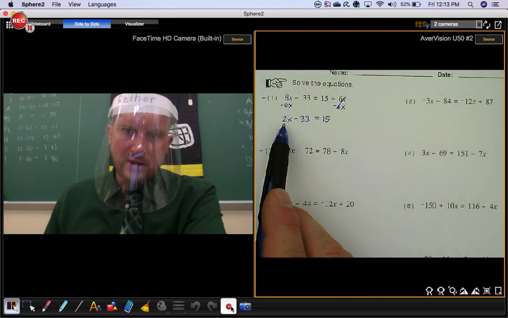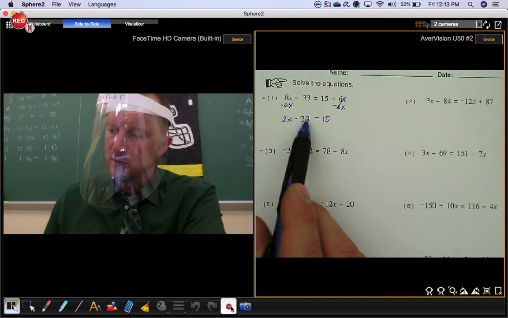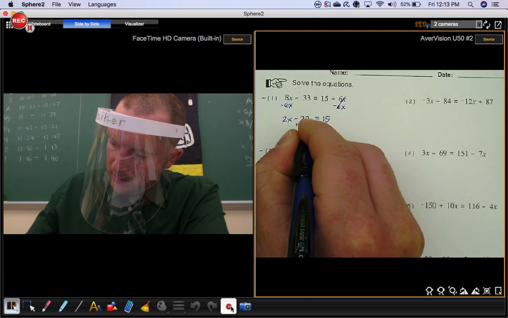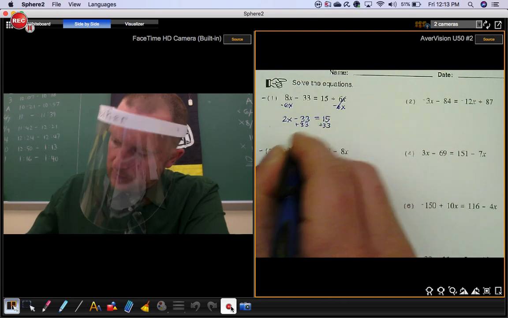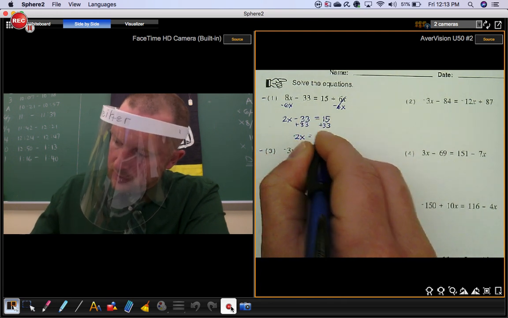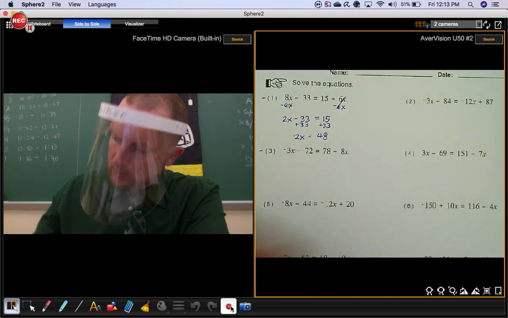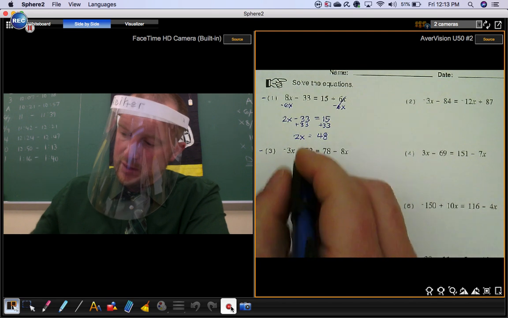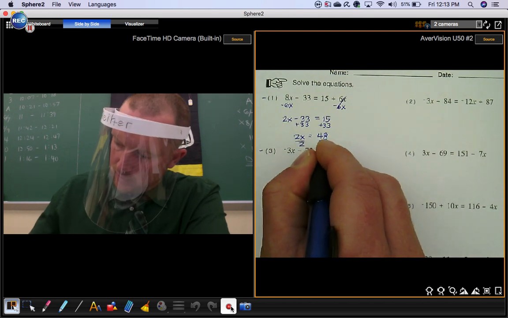We want to get 2x by itself. So let's move this 33. Since it's a minus 33, we're going to add 33 to both sides. And then we'll divide by 2 to get x by itself.